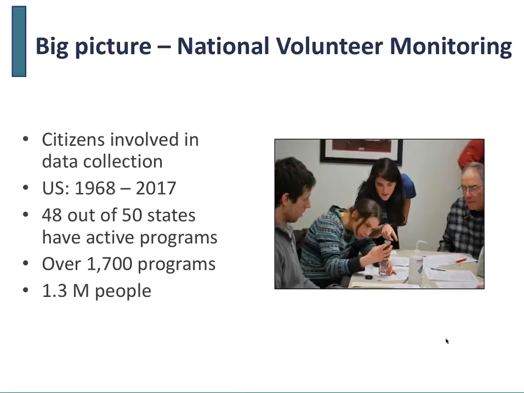According to the research that Chris has done, 48 out of 50 states have active programs. There are over 1,700 volunteer monitoring programs across the nation, and they engage 1.3 million people.